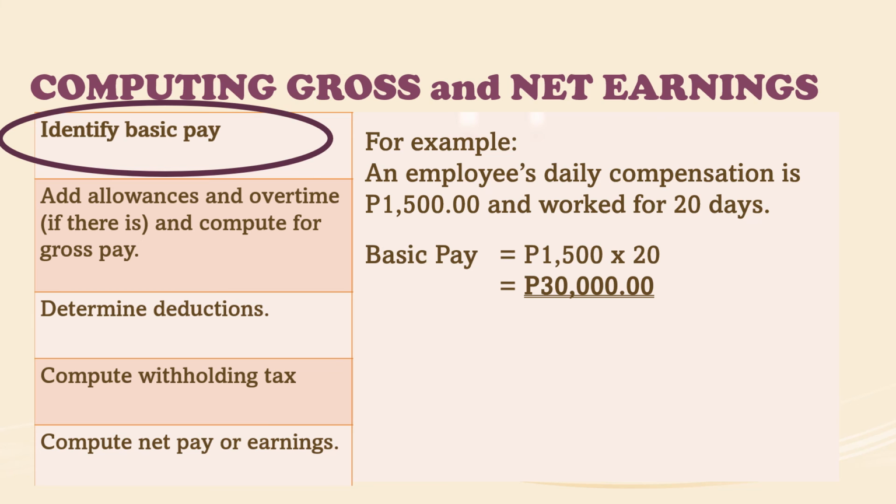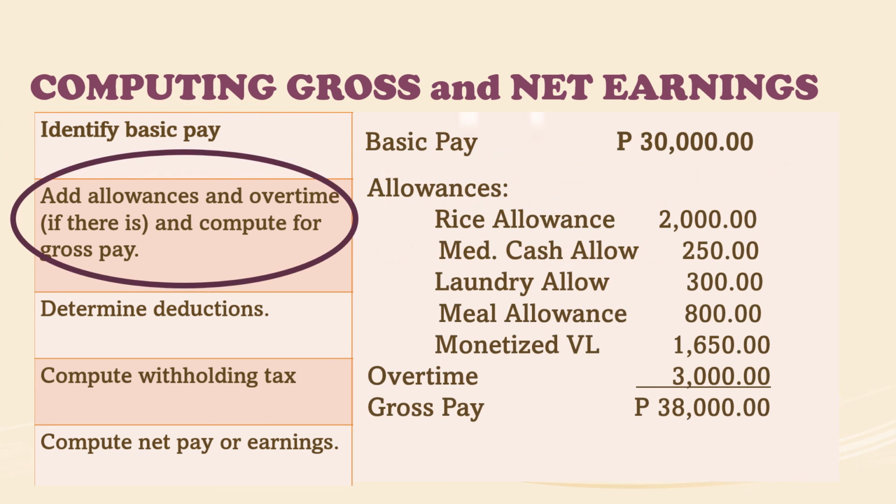Now next is to add the allowances and overtime if there is any and compute for gross pay. So for example, he or she has these allowances: rice allowance of 2,000 pesos, medical cash allowance 250 pesos, laundry allowance 300 pesos, meal allowance 800 pesos, monetized vacation leave 1,650, and he or she has an overtime amounting to 3,000 pesos.